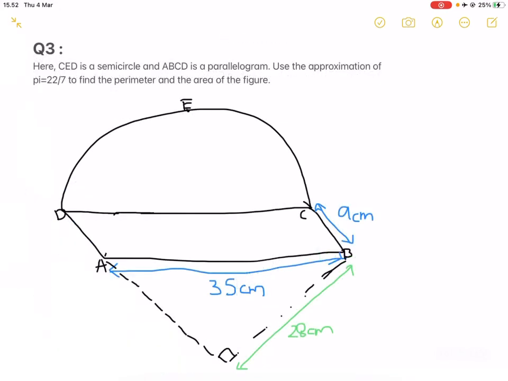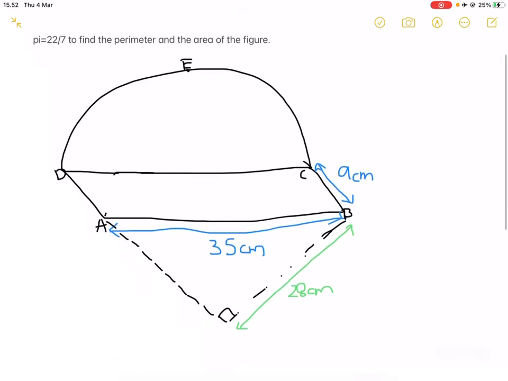For question 3, here CED is a semicircle and ABCD is a parallelogram. Use the approximation of pi equals 22/7 to find the perimeter and the area of this figure below. So I should probably start with perimeter first.